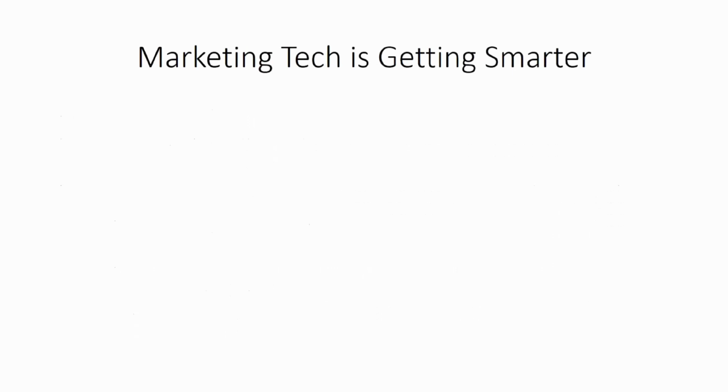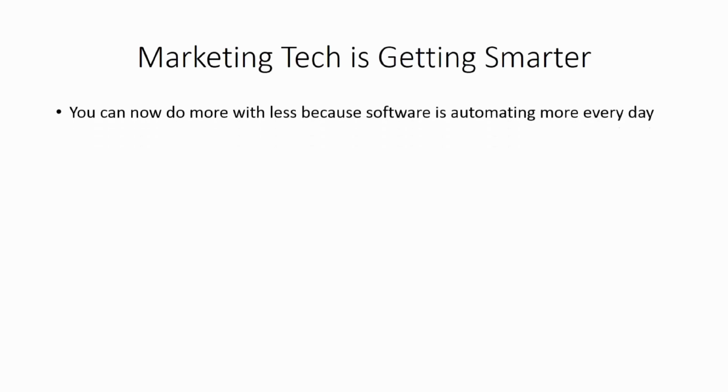One of the things that you probably realize is that marketing technology, whether you are an online marketer or a brick and mortar business owner, is now getting smarter every single day. You can now do more with less because software is automating more of what we do.